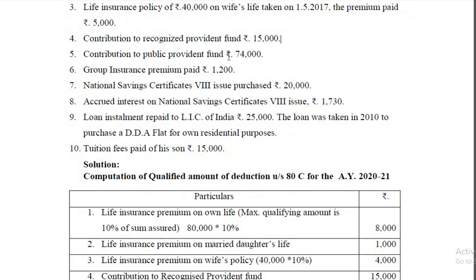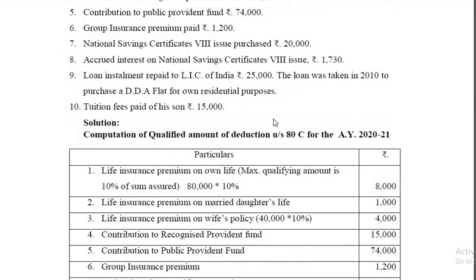Contribution to public provident fund, that's also qualified. Group insurance premium paid, that's also qualified. National saving certificate 8th issue, that's also qualified. Accrued interest on national saving certificate 8th issue, that's also qualified. Loan installment repaid, what we mean here is principal amount to LIC of India, that is 25,000, that's also qualified.